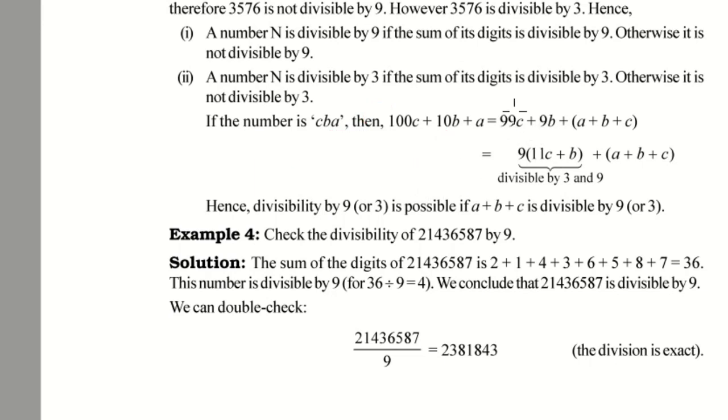Similarly, 99C plus 1 times C is equal to 100C. We are just regrouping the numbers. We are not changing any equality. 9B plus B is equal to 10B. And we are left with A as it is.